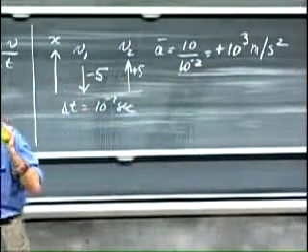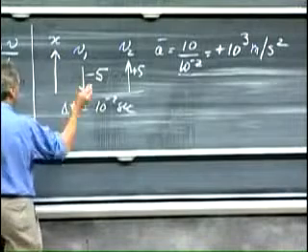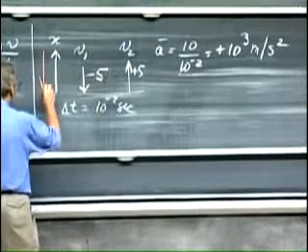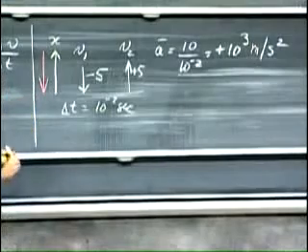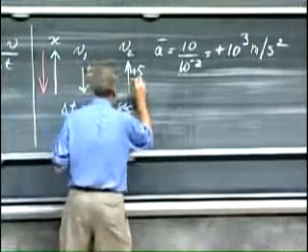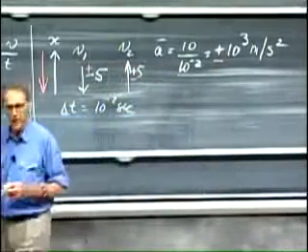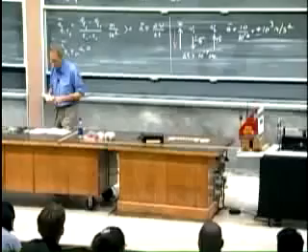I have observed carefully the signs. If now I say, aha, I don't like this, I want to call this the increasing x. No big deal. This would become a plus, this would become a minus, and then the acceleration is minus 1,000 meters per second squared.